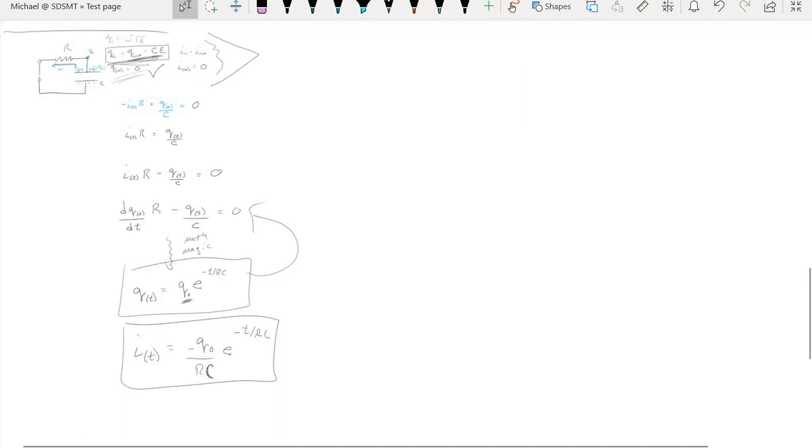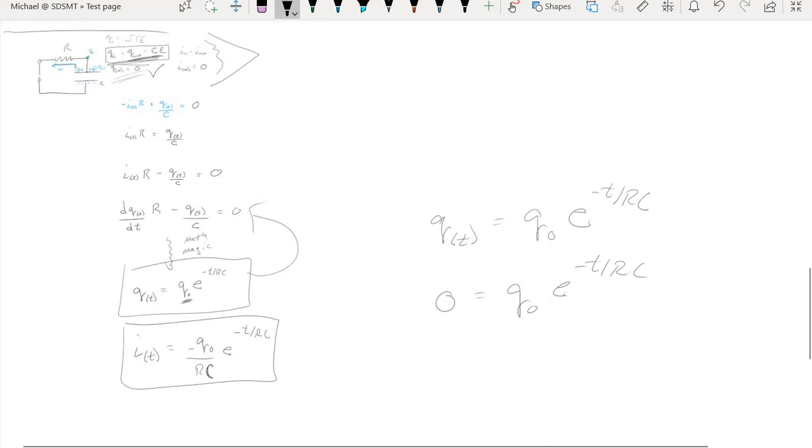Now, just in case you were wondering, how long would it actually take for this capacitor to completely discharge? Well, we can do that. We can say that in order for the capacitor to completely discharge, we need to let the charge go to 0.